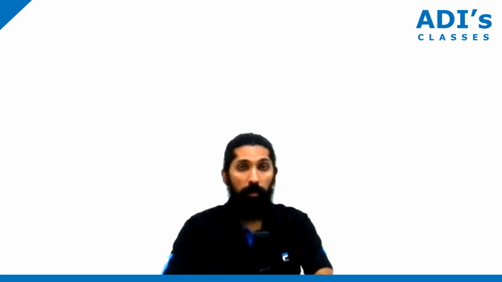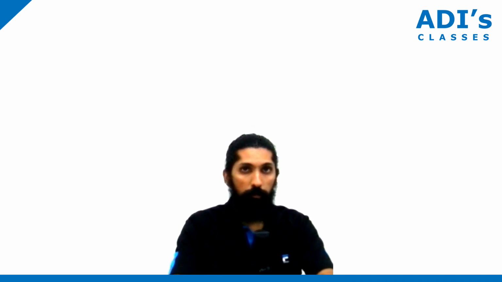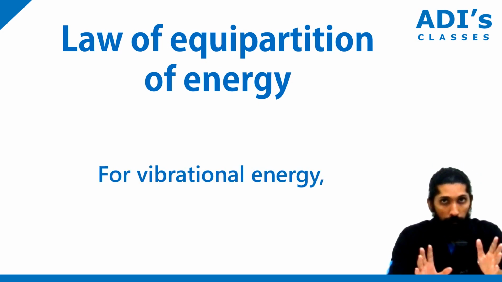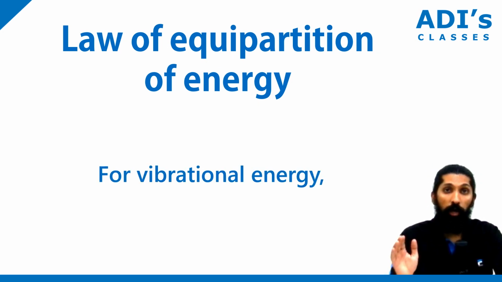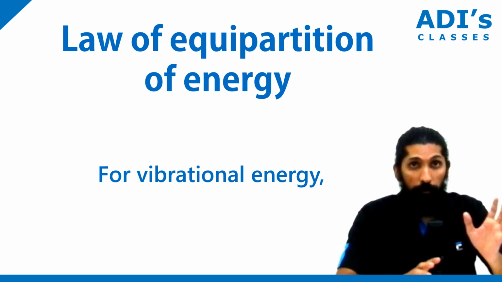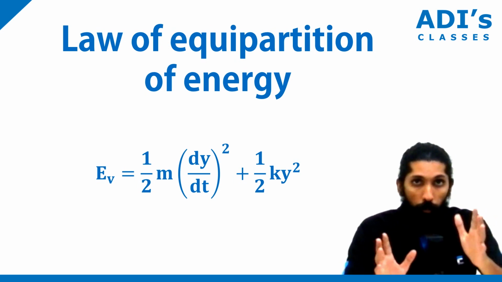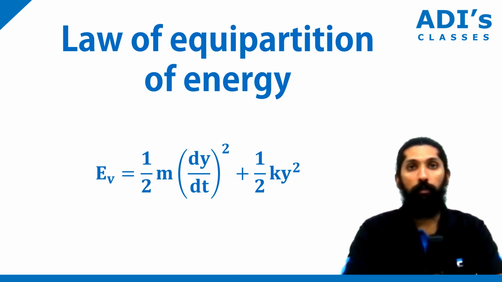This is for diatomic. Now, there are certain diatomic molecules, like carbon monoxide, that also vibrate. There is vibrational motion. If you have vibrational motion, then the vibrational energy is given by half m (dy by dt) whole square plus half k y square.